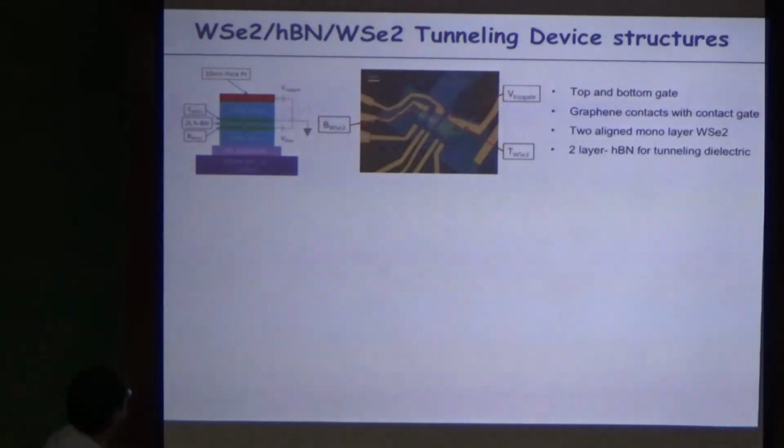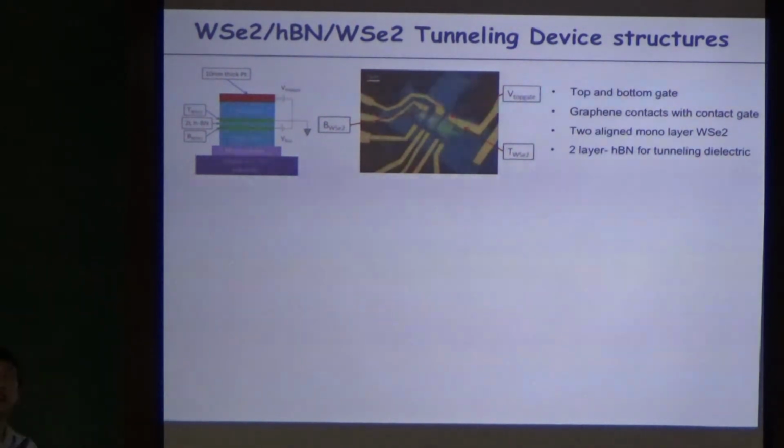One can create it between two tungsten diselenide samples, one layer and the other layer, and put two layers of boron nitride in between. This basically makes a good tunneling diode or tunneling transistor, which can be controlled by the gate voltage, top and bottom.